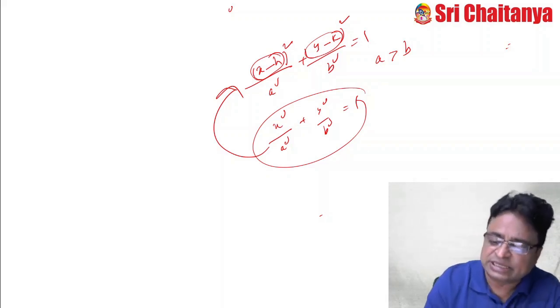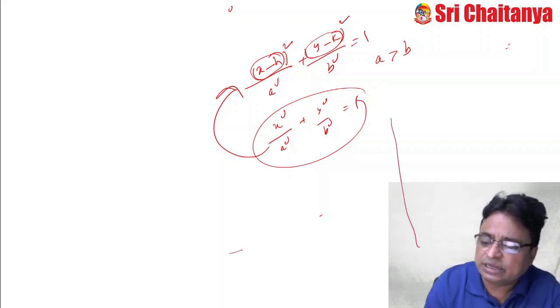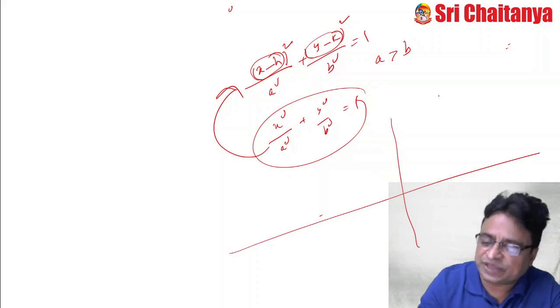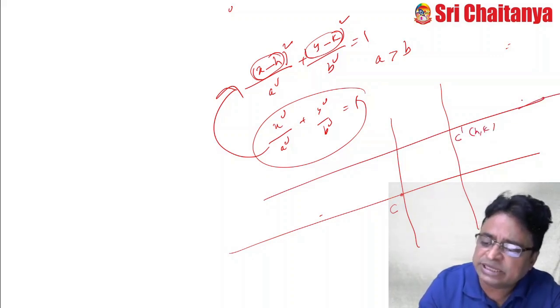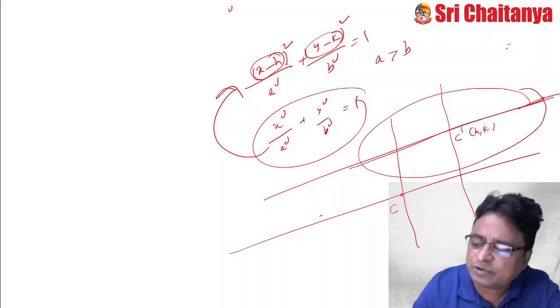But in this case, the center is at h comma k. That means if you have shifted the origin to the point h comma k and imagine an ellipse where the major axis is parallel to the x-axis, then the situation should be like this.